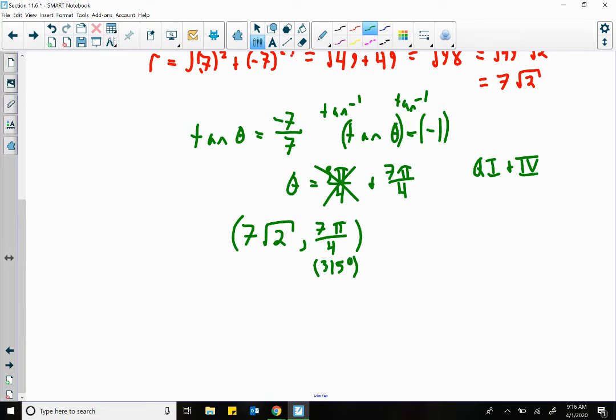Now, they might ask for some other, again, quote unquote, coterminal. So basically, what they want is the opposite.